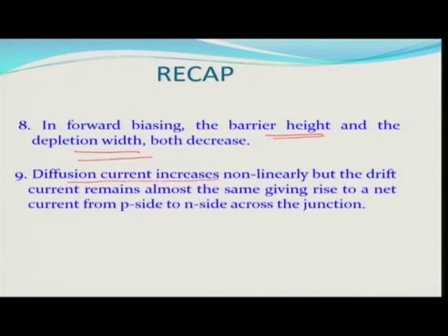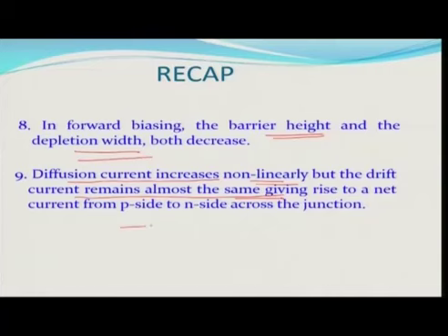So, diffusion current increases non-linearly, but the drift current remains almost the same, because the drift current is caused by the electric field and there is no barrier to these electrons or holes, and therefore, this drift current remains the same, it is guided by the concentration of the charge carriers.